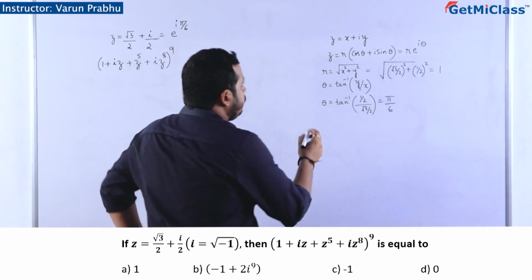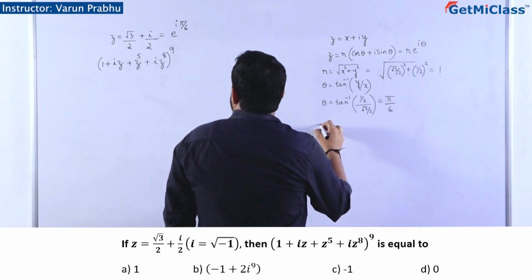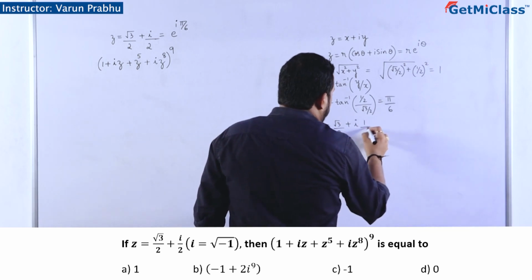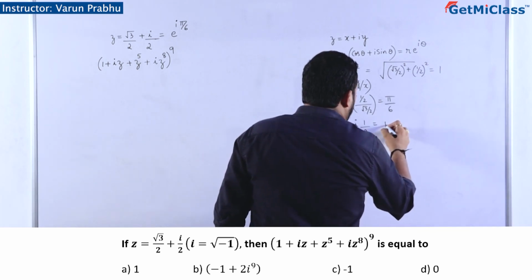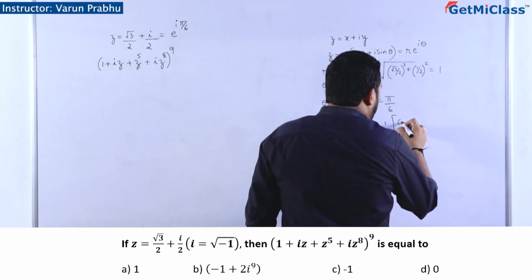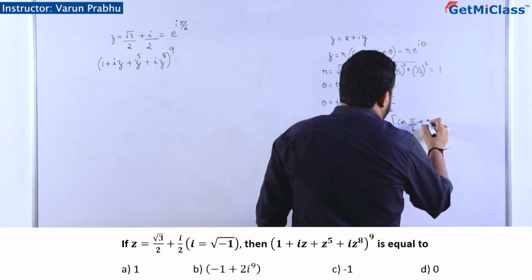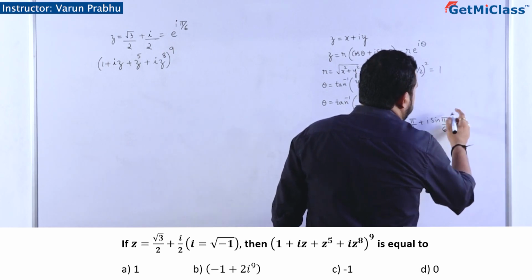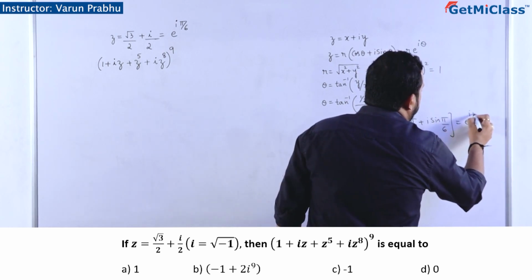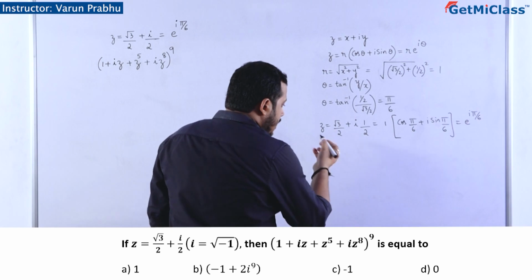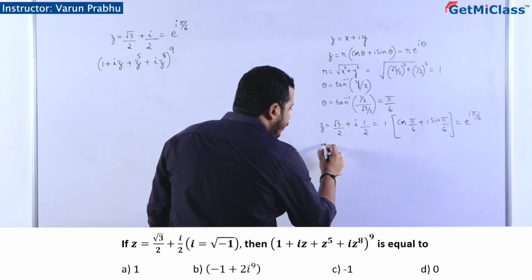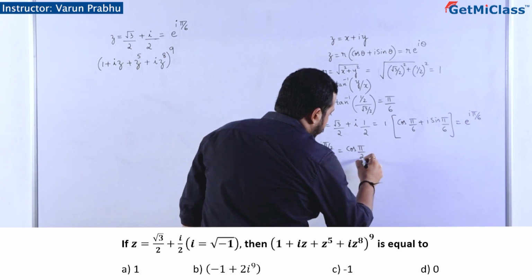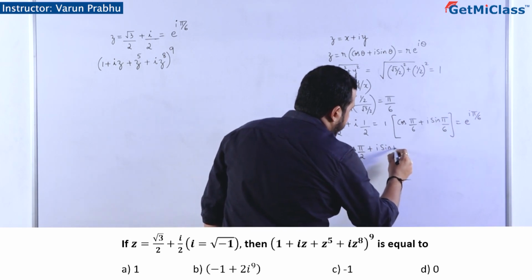So also, I can write z is equal to root 3 divided by 2 plus I into 1 by 2 can be written as 1 into cos pi by 6 plus I sin pi by 6, which can also be written as e to the power I into pi by 6. Similarly, e to the power I into pi by 2 can be written as cos pi by 2 plus I sin pi by 2, correct?